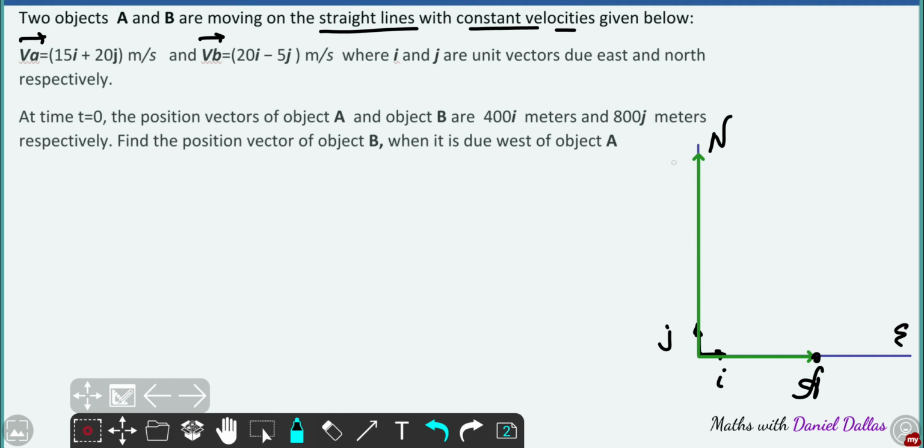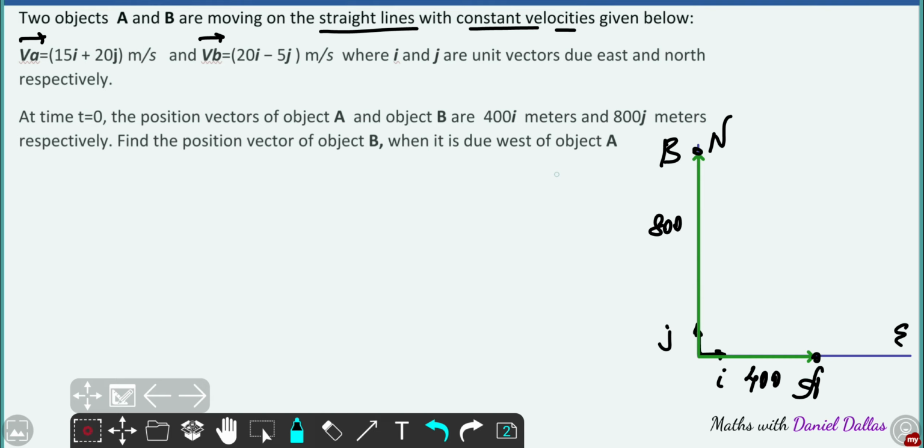Actually, I'm not going to draw to scale, however, that gives us understanding. So there are initial positions of 400 and 800 meters for each object. We need to find the position vector of object B when it's due west of object A.